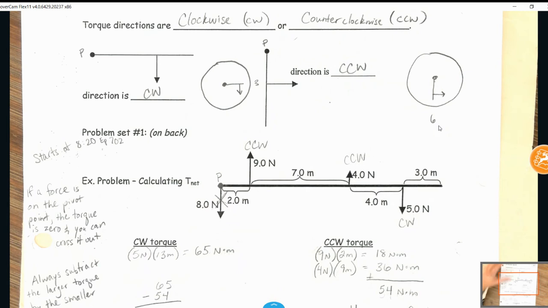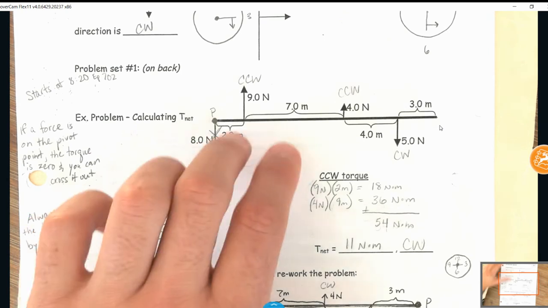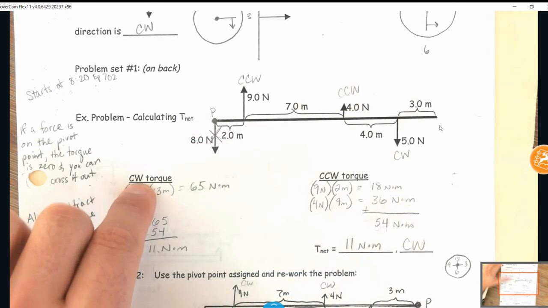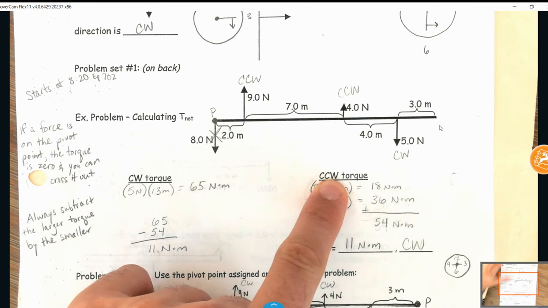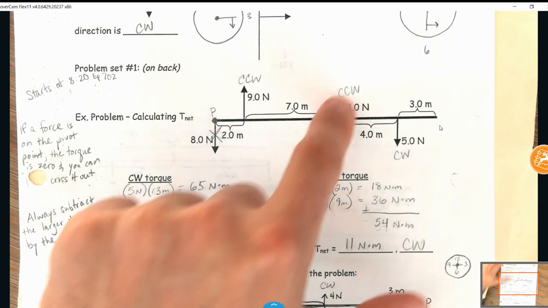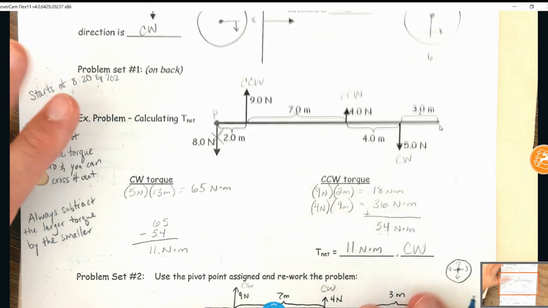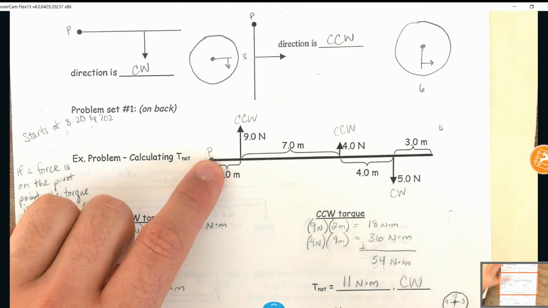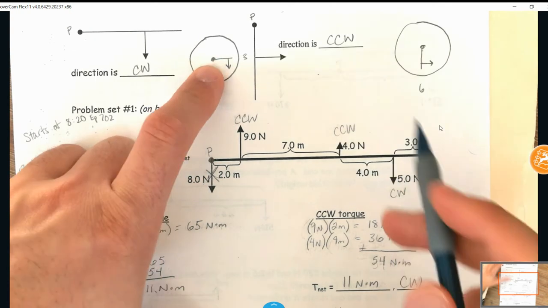To find the net torque on the object, they have us break it down into finding all the clockwise torque and all the counterclockwise torque. First thing you want to do is label these forces, like the hands on a clock. This one's at P, going out to the right, so it's like my 3 o'clock.